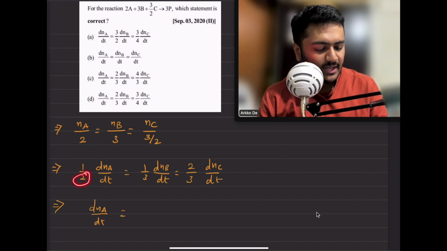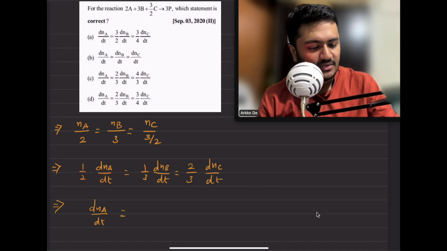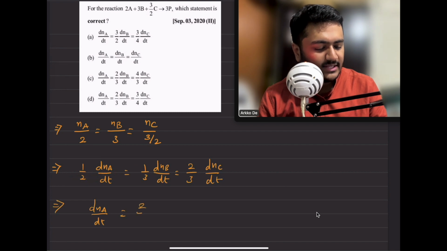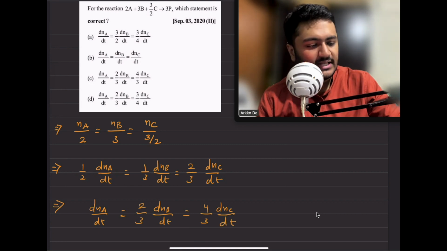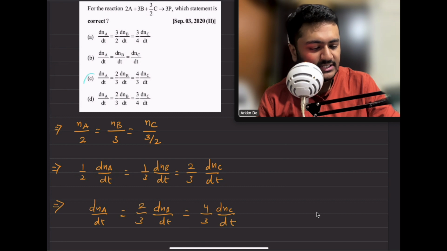Cross multiplying by 2 across the equation, it should be 2 by 3 dnB by dt equal to 4 by 3 dnC by dt. So you can see that the correct option is C.